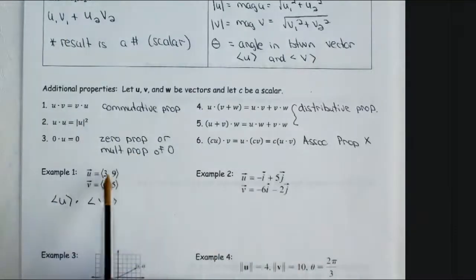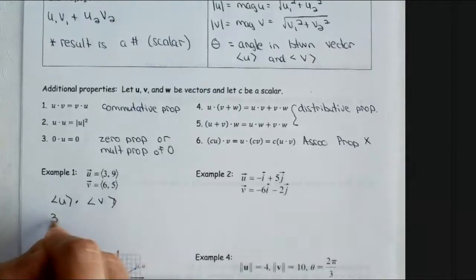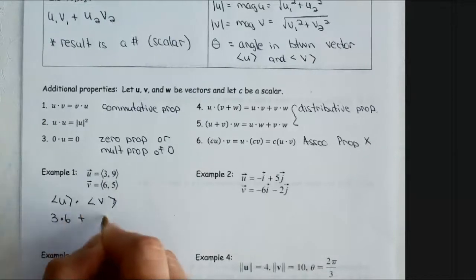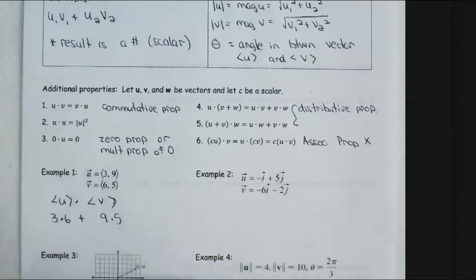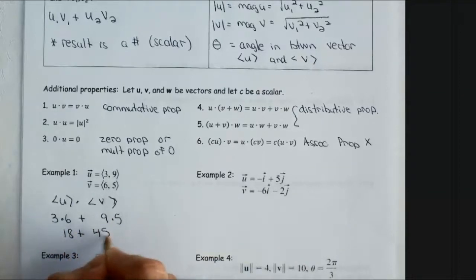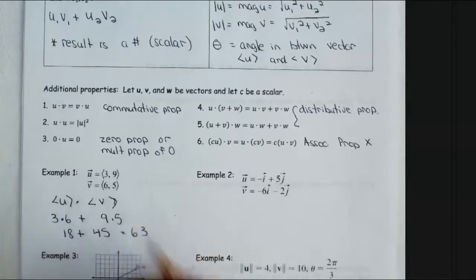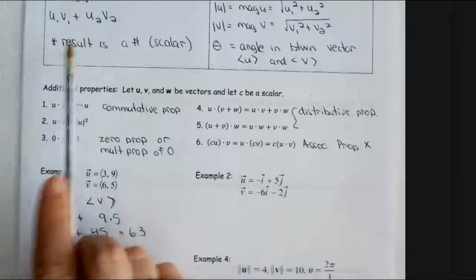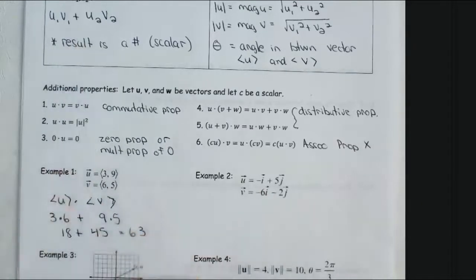So I'm going to take my first component here, multiply it by my first component here. So that would be 3 times 6 plus the product of my second components. So that's 18 plus 45, and we end up with 63. Let's take a look at the next one, and again, you can pick either one. I don't have an angle in between it, so I'm going to go ahead and stick with this method right here.